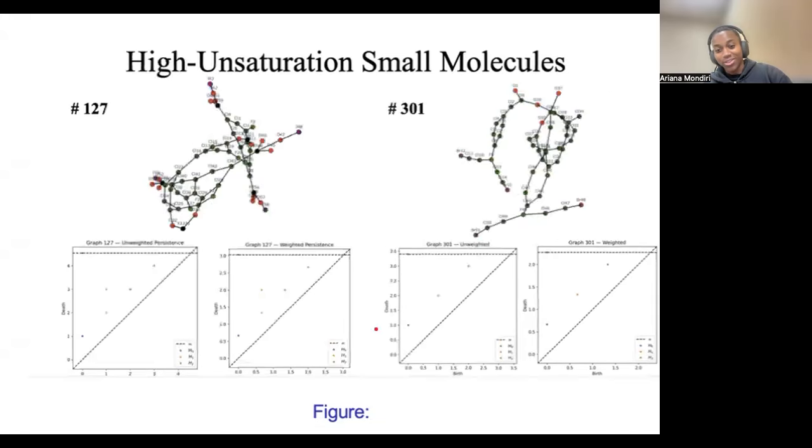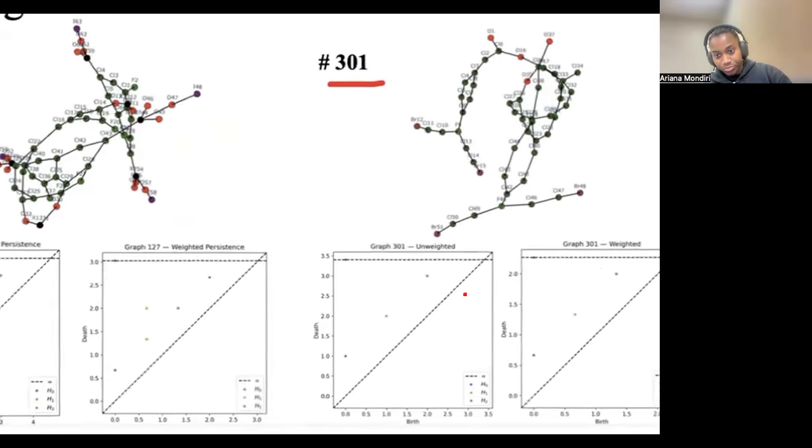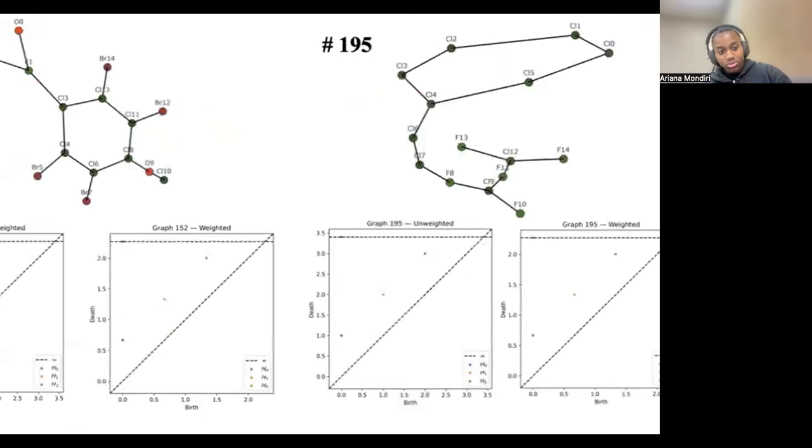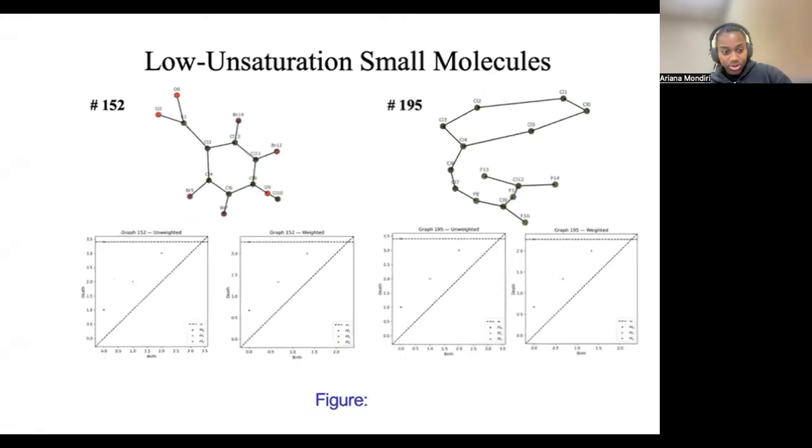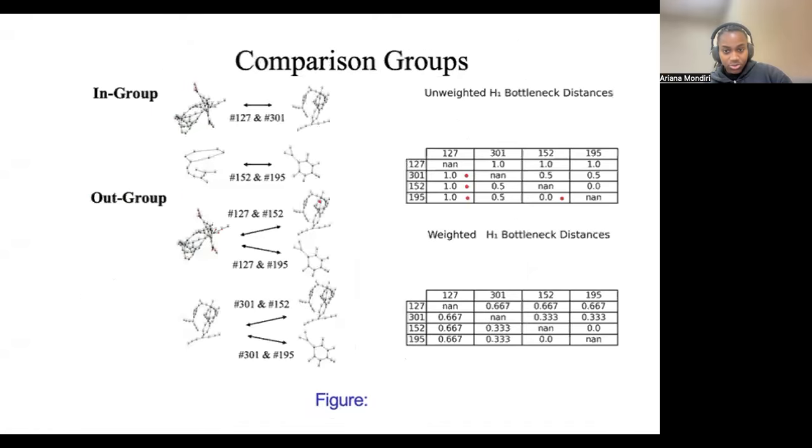But when you look at the diagrams from the molecule 301 and the two low unsaturation molecules, the diagrams appear similar. So looking at the bottleneck distance between the molecule 301 and the two simpler molecules from the low unsaturation group, the bottleneck distance is 0.5. So there's actually a difference that we can see.